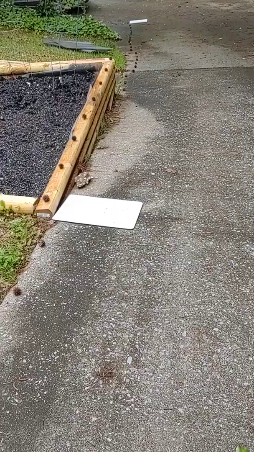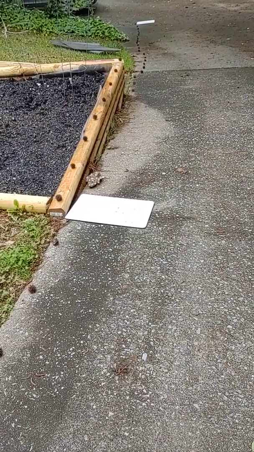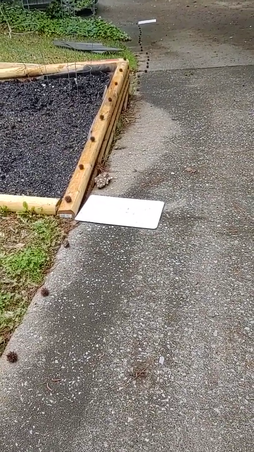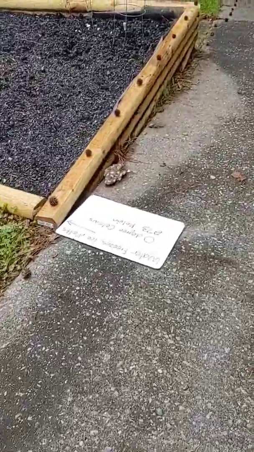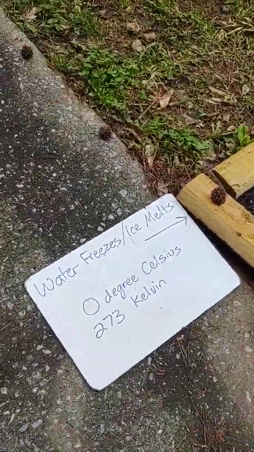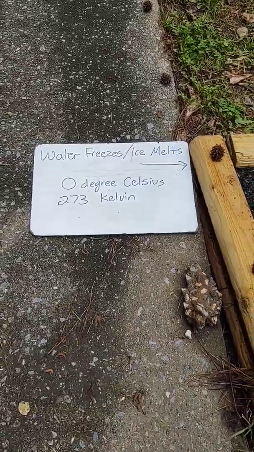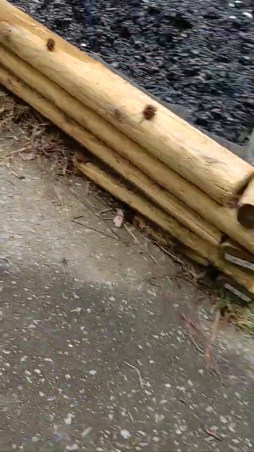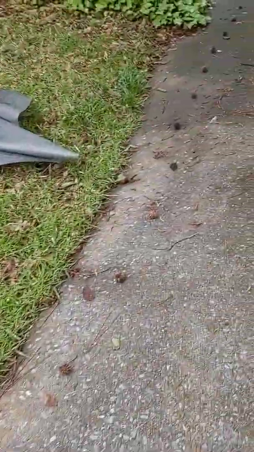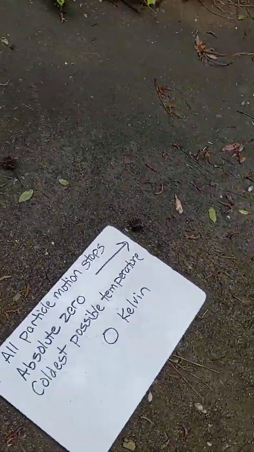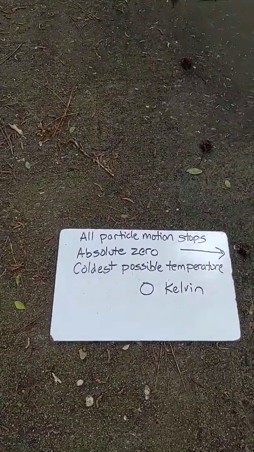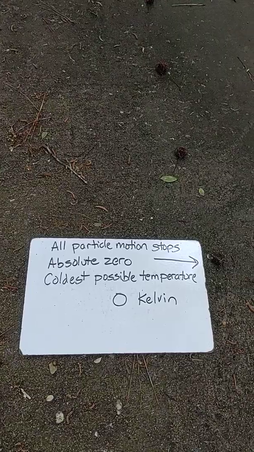So a couple things to remember about Celsius versus Kelvin. 0 degrees Celsius is the temperature at which water freezes or ice melts. 0 degrees Kelvin, let me swing around here and hopefully I'm not making you guys too dizzy, is all the way down the hill, down here. 0 degrees Kelvin is the coldest possible temperature.